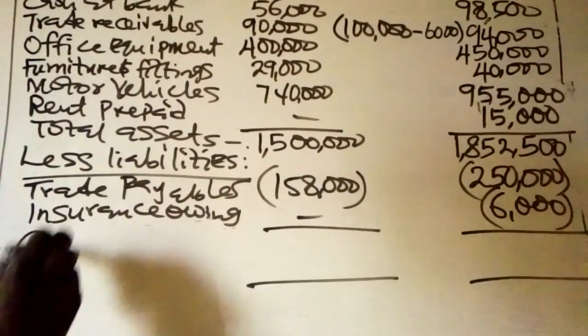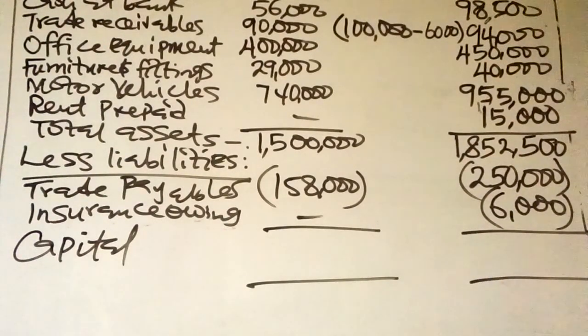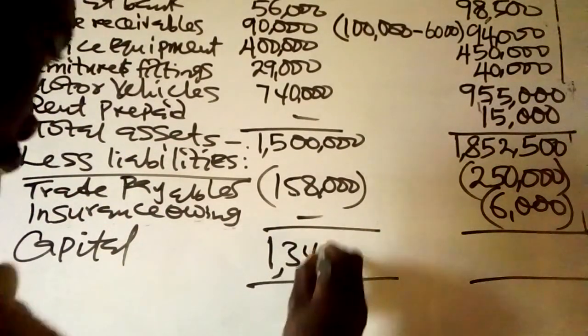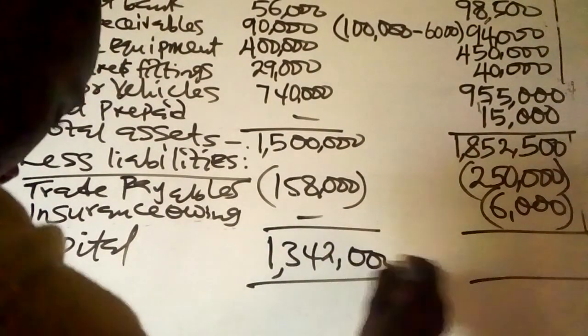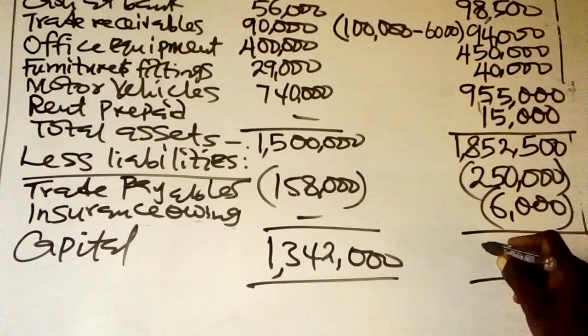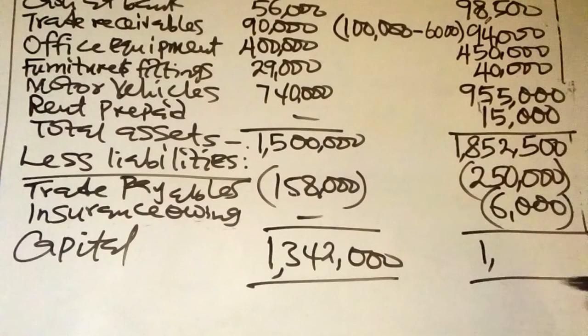So our capital now: if you subtract 158,000 from 1.5 million, then you have 1,342,000. Then we also have 1,852,500 minus 250,000 minus 6,000, which gives 1,596,500.